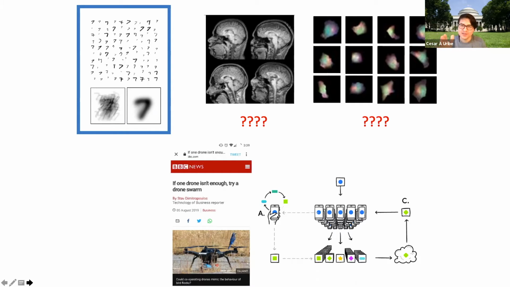But then the other image on the top right, what I have there is images of cells. These are cells from people working at the Broad Institute here at MIT. And what they really want to understand is how the morphology of the cells changes with different gene therapies.